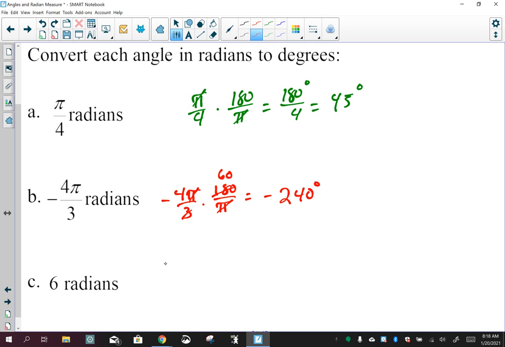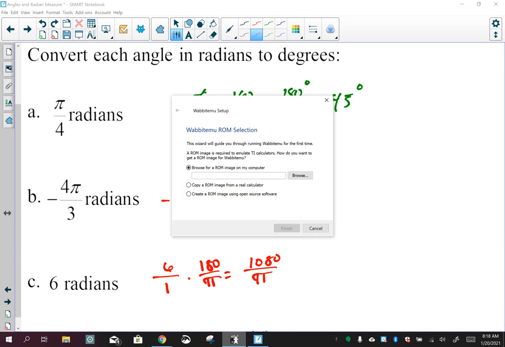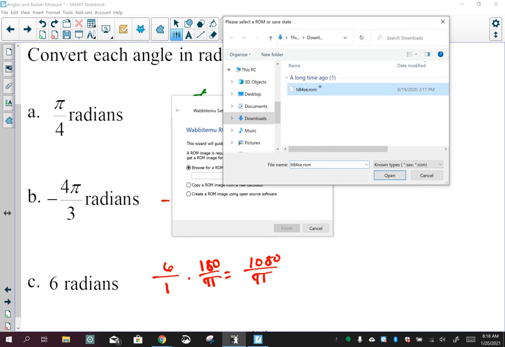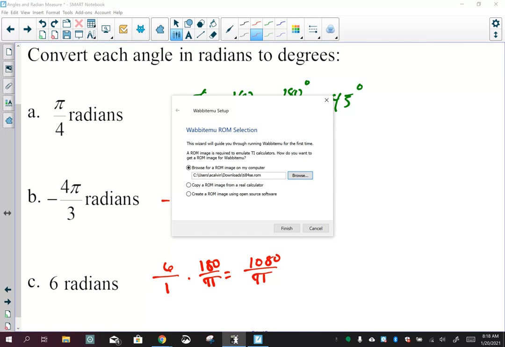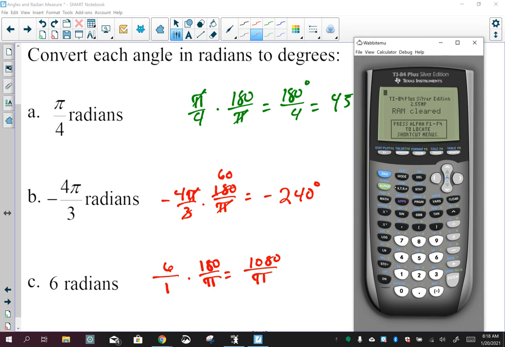On this last one, I got 6 over 1 times 180 over pi. So that's 1080 over pi. Now, if it wants it in an actual numeric form, you're going to come over here and say, we have 1080, and we're going to divide this by pi.